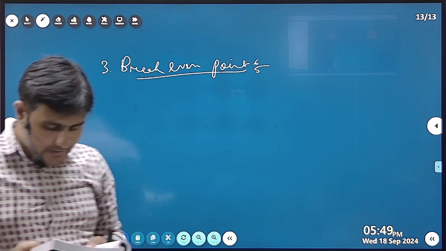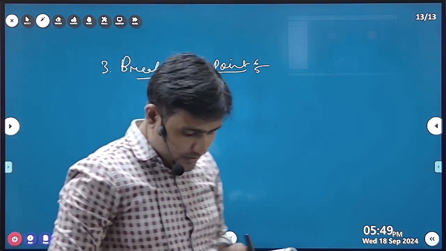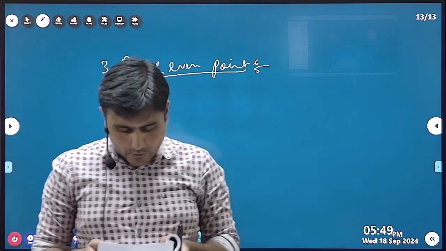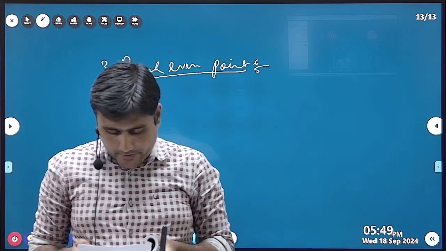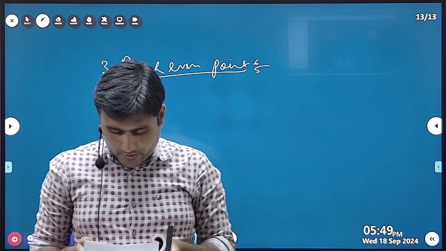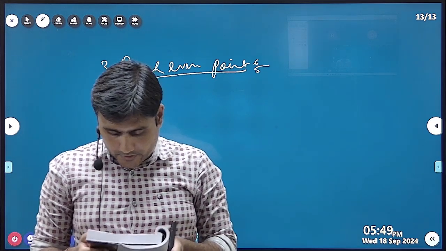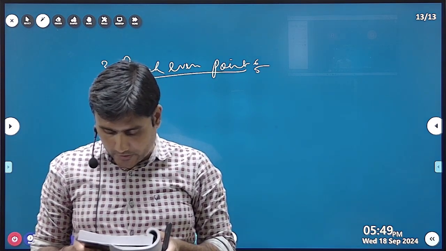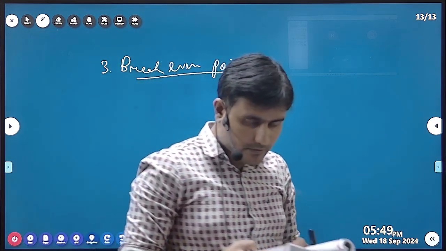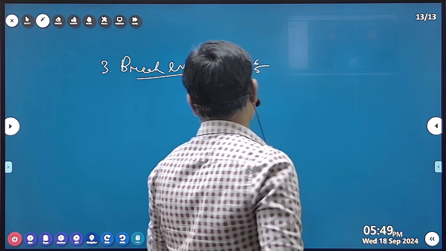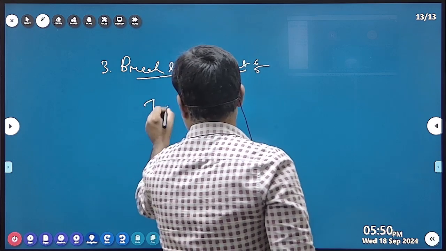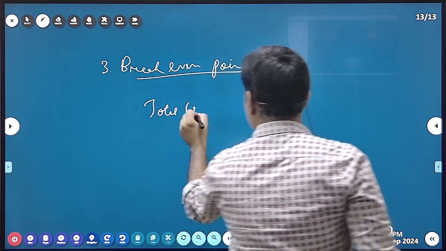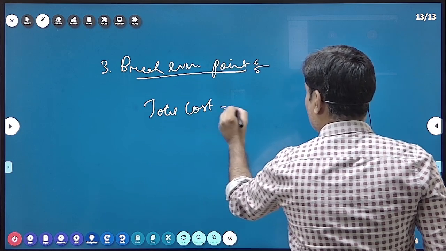Break even means the volume of production or sales where total costs are equal to revenue. Break even point: total cost equal to total revenue.